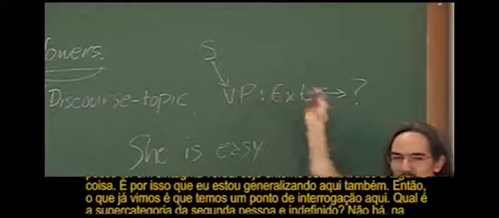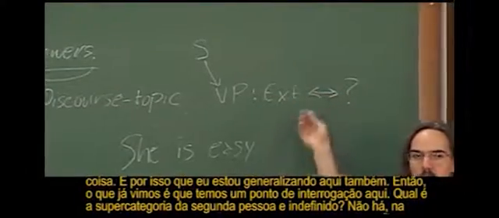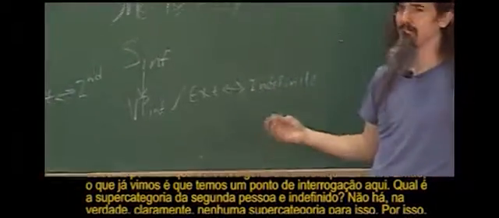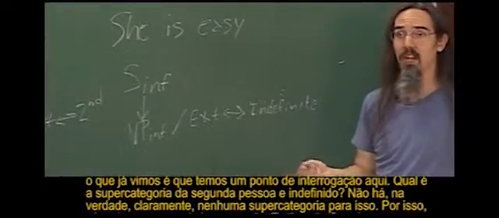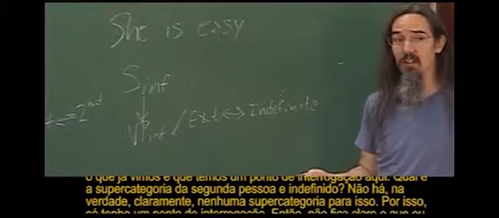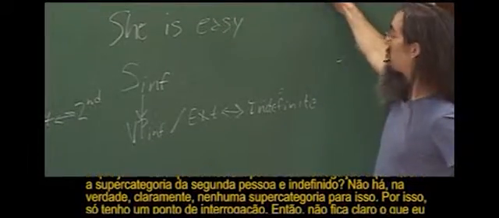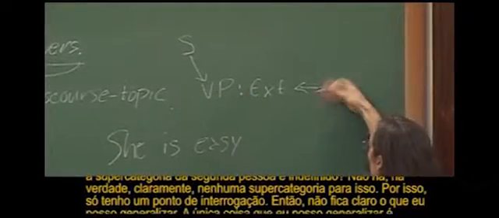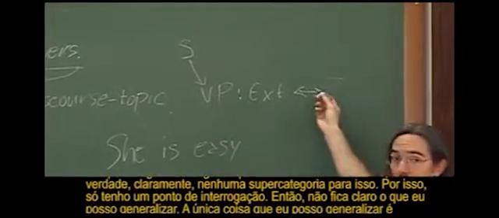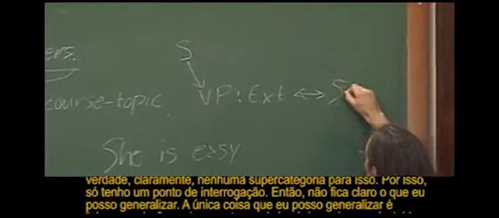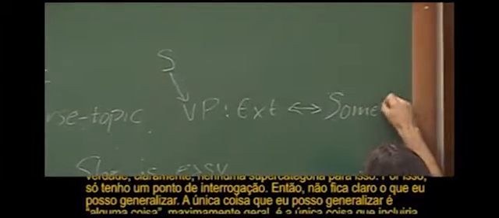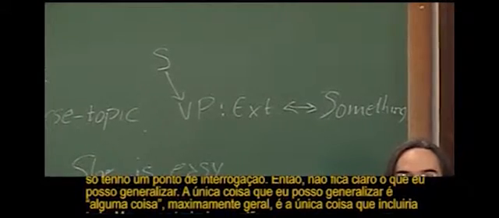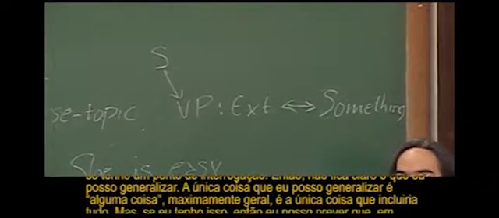So for one thing, we already see we sort of have a question mark here. What's the supercategory of second person and indefinite? There's not really any clear supercategory for that. So I just have a question mark. So it's already sort of unclear what I could generalize to. The only thing I could generalize to is something maximally general, right? That's the only thing that would include all of that.